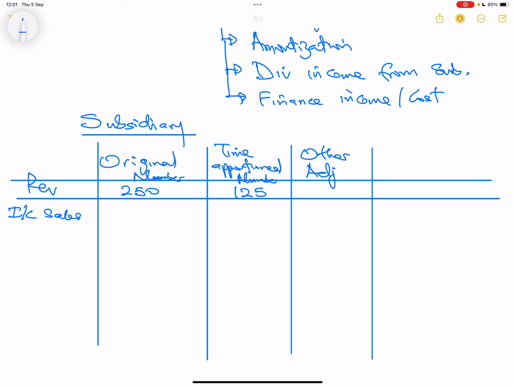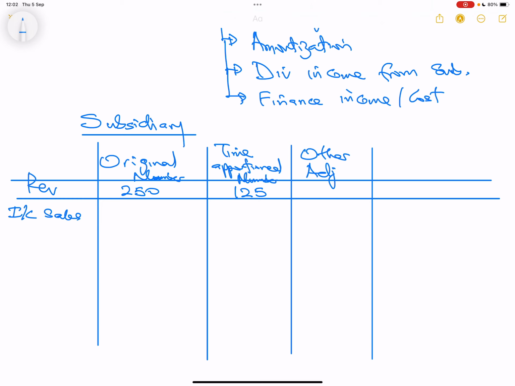So if this particular subsidiary has sold a good after acquisition to the parent, then we need to make an adjustment. If it sold that good before acquisition, it is not an intercompany transaction because they were not members of the same group at that point. So there is no apportionment, there is no adjustment that needs to be done because that happened before acquisition.